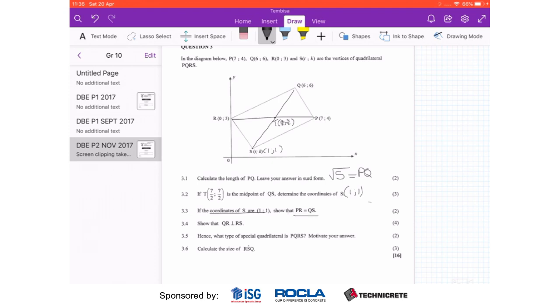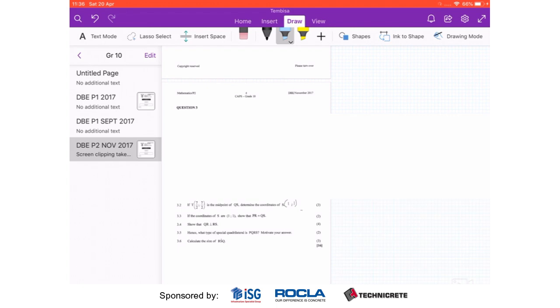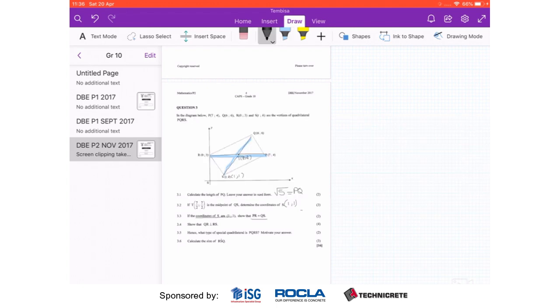Okay, so here is PR and here is QS. I can use the distance formula easily for both. Let's go with PR. The distance formula is the square root of (x2 minus x1) squared plus (y2 minus y1) squared.